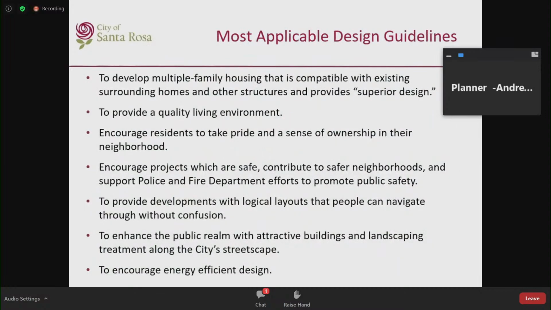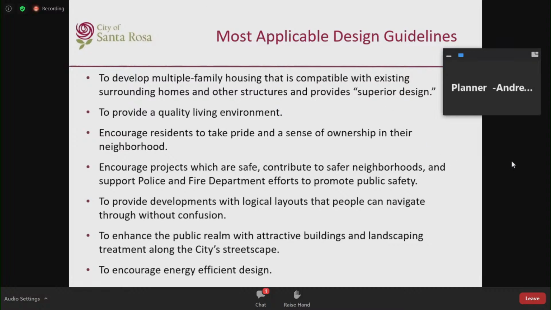So the most applicable design guidelines include developing multifamily housing that's compatible with existing surrounding homes or other structures and does reflect superior design. It should provide a quality living environment that encourages residents to take pride in a sense of ownership in their neighborhood. And the project should contribute to safe development, to safer neighborhoods, and support police and fire safety goals.